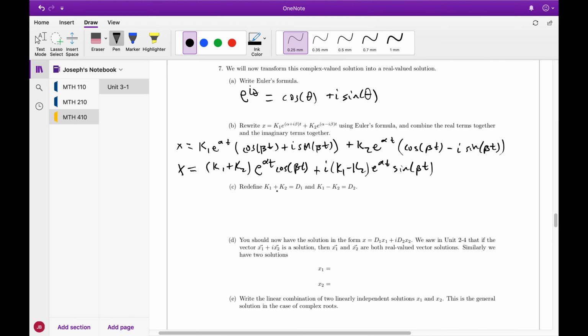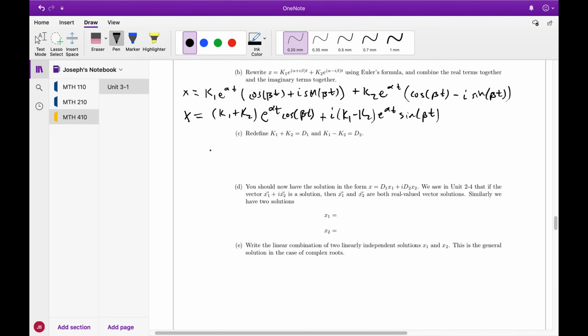And so what we're going to do is redefine k1 plus k2 to be a new constant called d1, and k1 minus k2 to be another constant called d2. We're going to get x equals d1 e to the alpha t cos beta t plus i d2 e to the alpha t sine beta t.